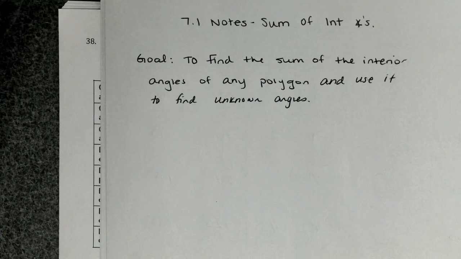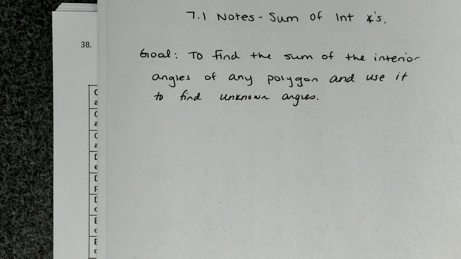So once we have the sum of the interior angles, we'll use it to find the interior angles. There will be unknown angles, and we'll be able to find them.